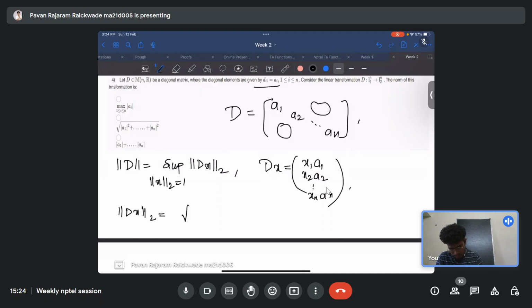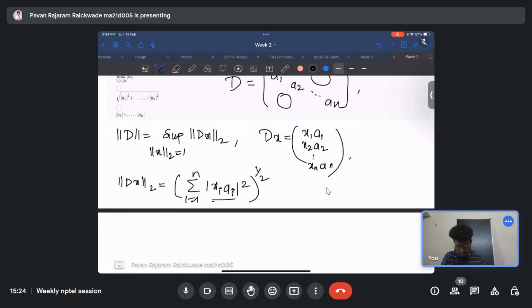So what is the 2 norm of Dx? It is the square root of the summation of modulus of xi ai squared, i going from 1 to n, raised to 1 by 2. Now the term mod ai is there for every term, so I'll take the maximum of all those ai's and take it outside.